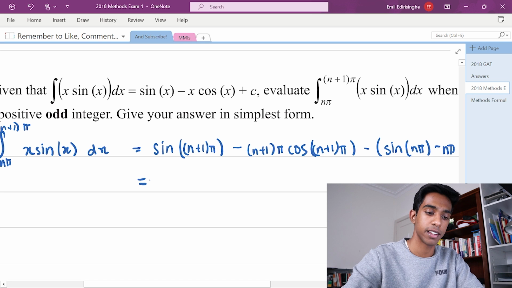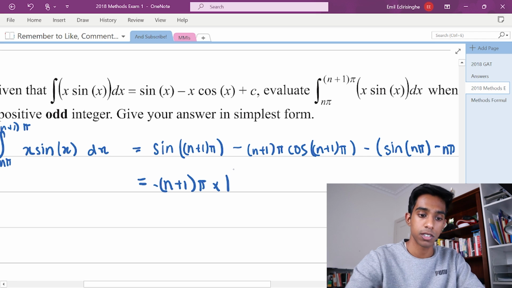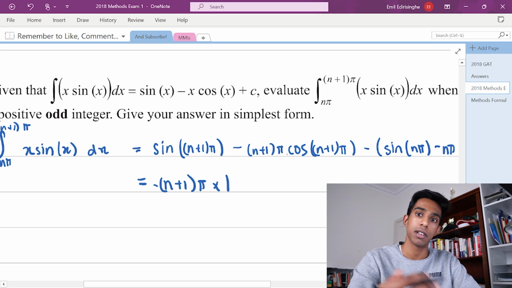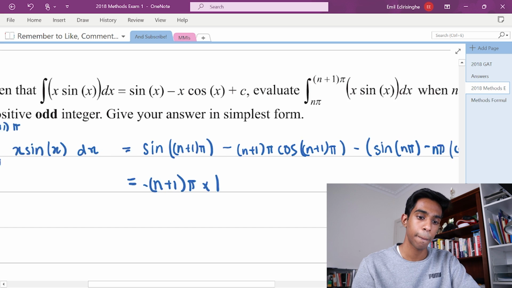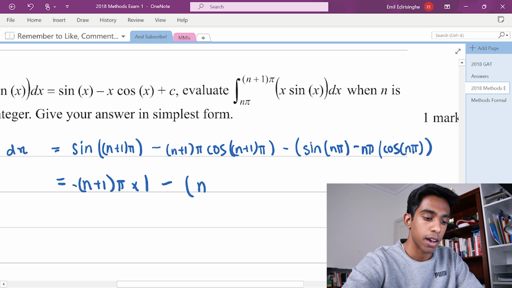So therefore we get negative (n plus 1) pi times positive 1, because cos (n plus 1) pi is going to be positive 1. And then we're minusing n pi, negative n pi.